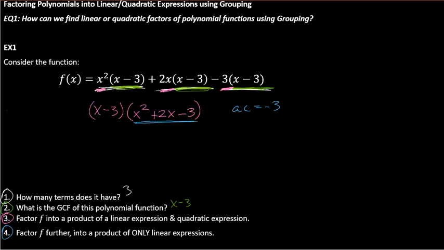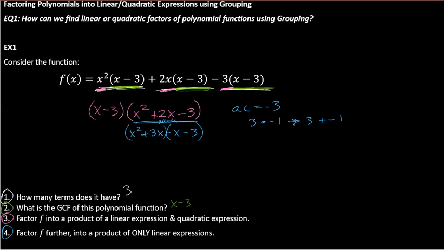AC is negative 3. What are the factors of negative 3 that will add to positive 2? That's simply going to be 3 times negative 1, or 3 plus negative 1. So we're going to split the bx term using what we just found. So we're going to say plus 3x and minus x minus 3. And we group.